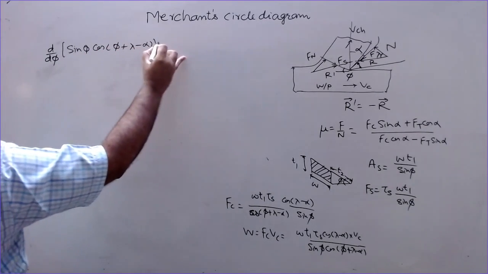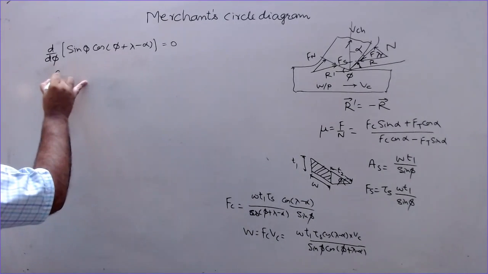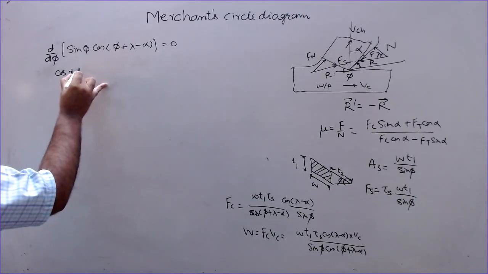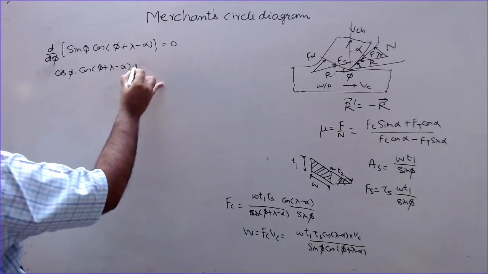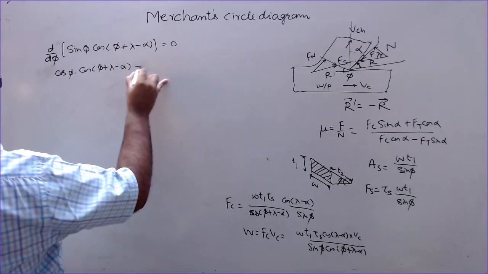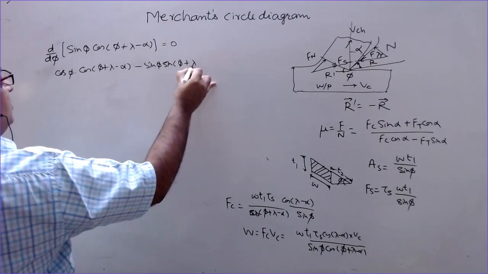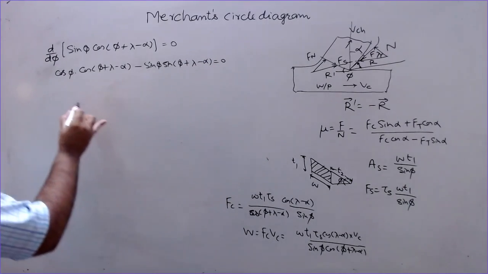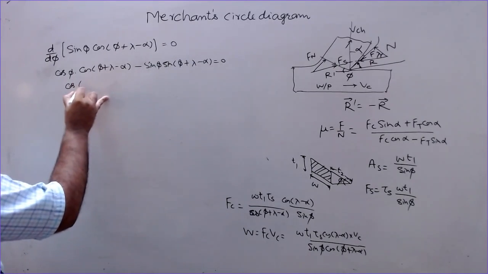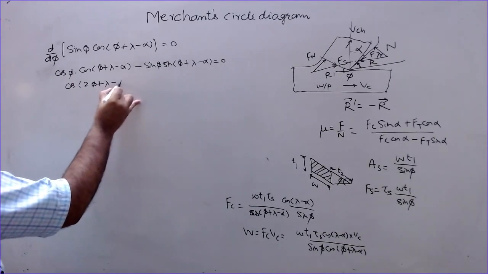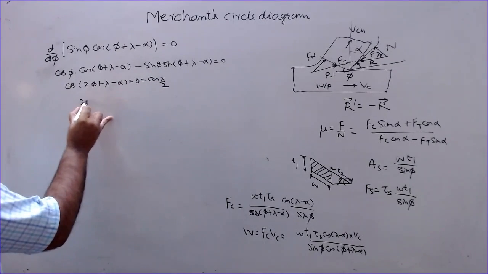For this to be maximum, this must be equal to 0. So we can write cos phi cos of phi plus lambda minus alpha minus sin phi sin of phi plus lambda minus alpha equal to 0, or cos A cos B minus sin A sin B is cos A plus B, so cos of 2 phi plus lambda minus alpha equal to 0, which is cos pi by 2 in general.